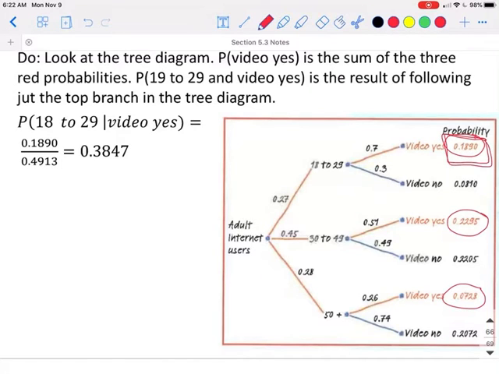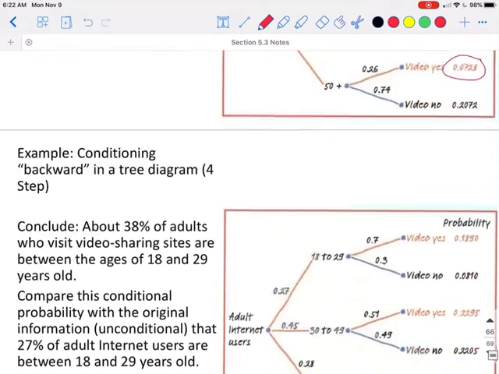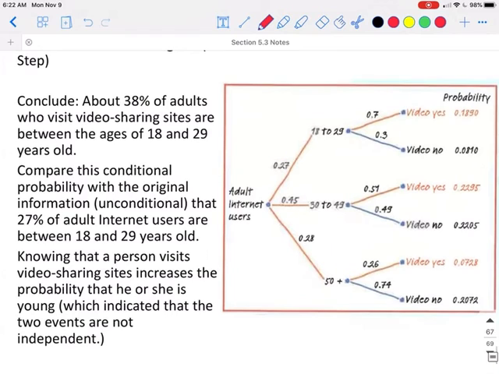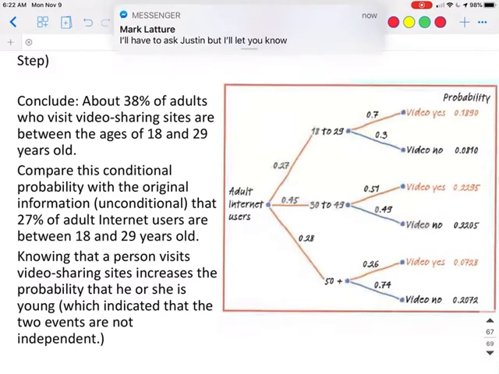So if we do 0.1890 divided by 0.4913, we're going to get a probability of 0.3847. Remember, the last thing you need to do is you need to conclude. So for our conclusion, we can say about 38% of adults who visit video sharing sites are between the ages of 18 and 29.